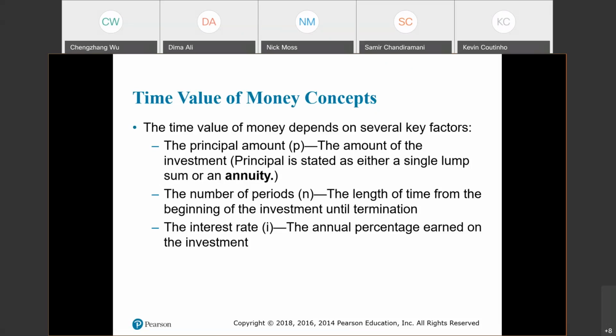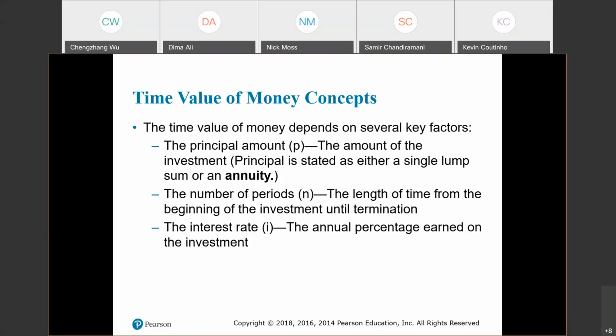Concept number 3, the interest rate, which is represented as the letter I. Interest rate is the annual percentage earned on the investment. Interest can be computed as either simple interest or compound interest.